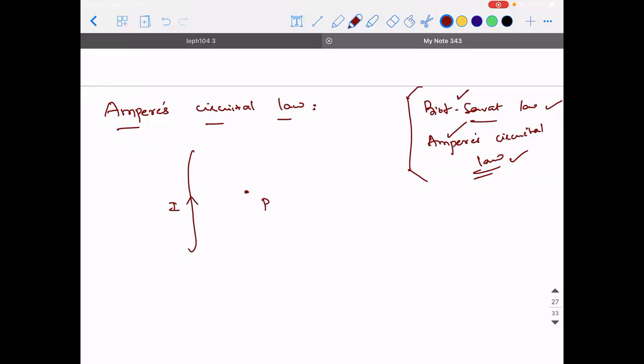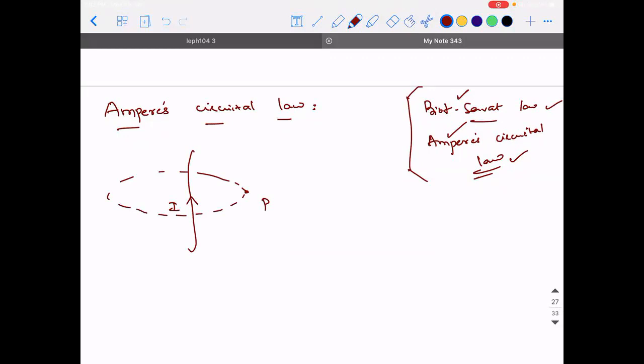That is one way. The other way is by taking a loop around the current carrying conductor in such a way that the loop is also going to pass through the point where you're interested to calculate the magnetic field.